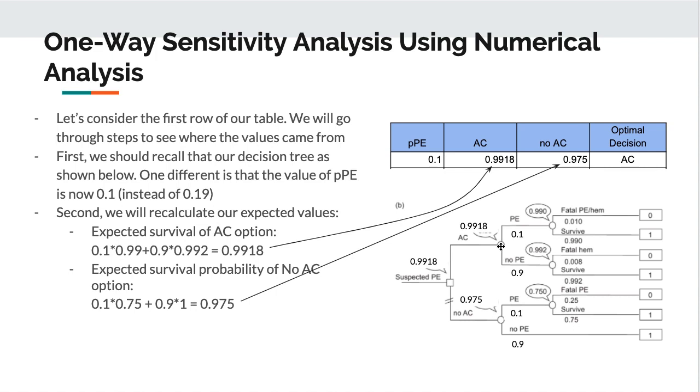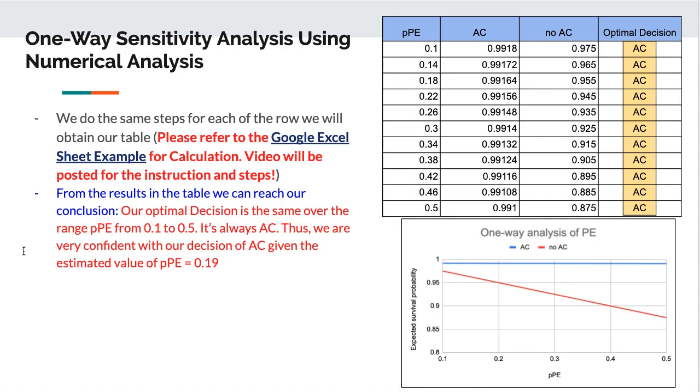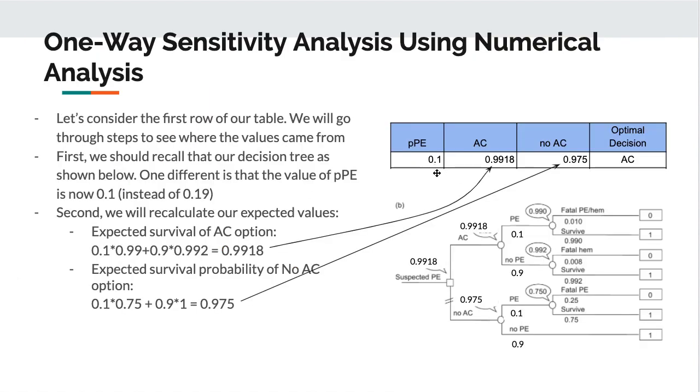Folding the tree one more time, the expected value equals 0.1 times 0.99 plus 0.9 times 0.992, which equals 0.9918. So that's the expected value of the AC option for PPE equals 0.1, and the rest of the parameters are the same.